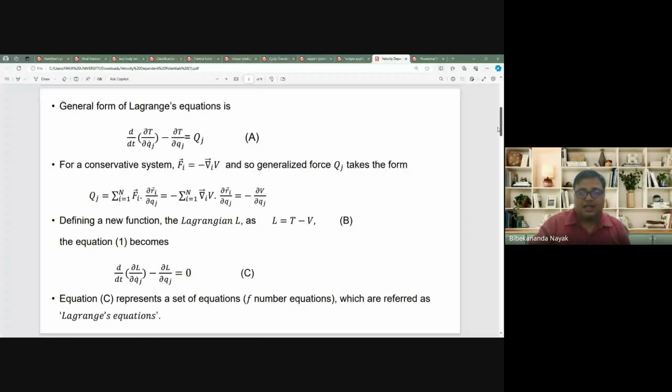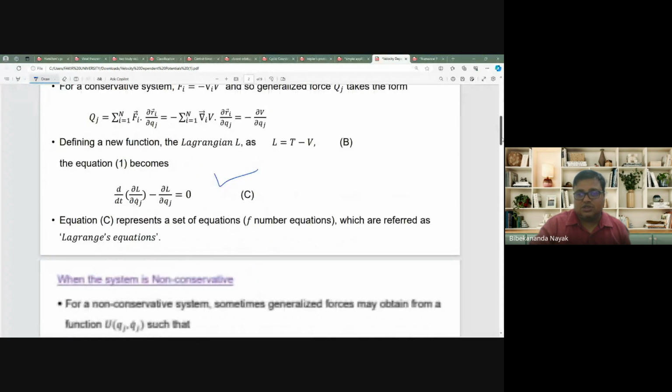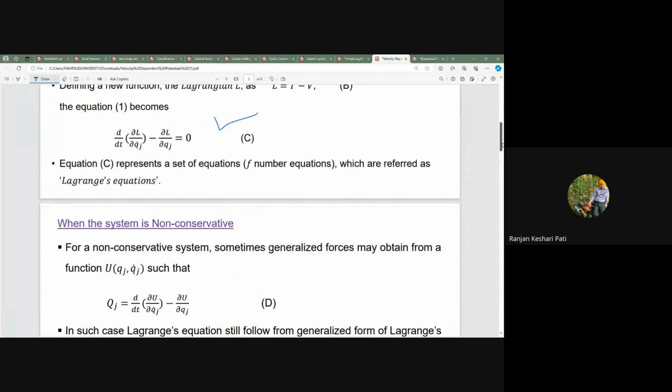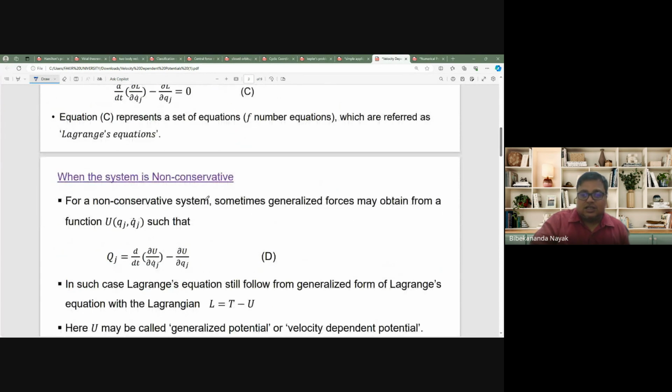From the general form of Lagrange's equation, we know that d by dt of del T by del qj dot minus del T by del qj is equal to Qj. For a conservative force, it will be minus del V by del qj, so we get L equals T minus V. But for a non-conservative system, when we see a velocity dependent potential, we can solve this equation for some particular problems, for those problems for which the generalized force can be obtained from a function U(qj, qj dot).